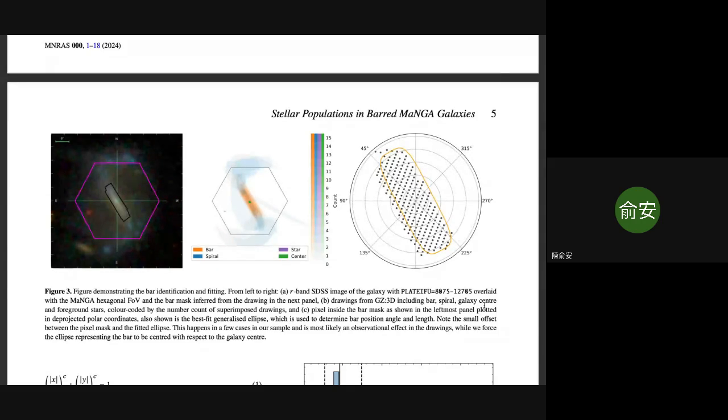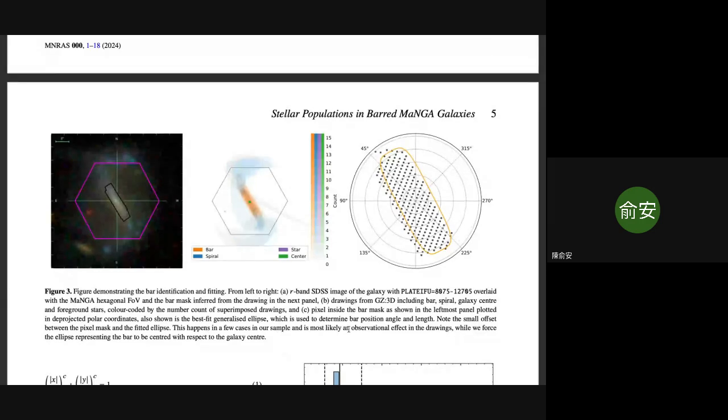By eye? Yes. So I think from Galaxy Zoo they asked the volunteers to select. Yeah, it's from the MaNGA image. But they are combining Galaxy Zoo data. I know, but the orange region is decided in this paper, not Galaxy Zoo, right?